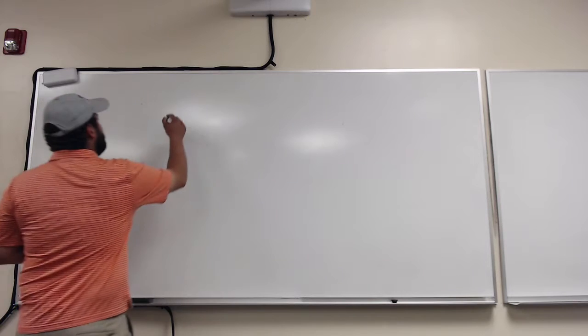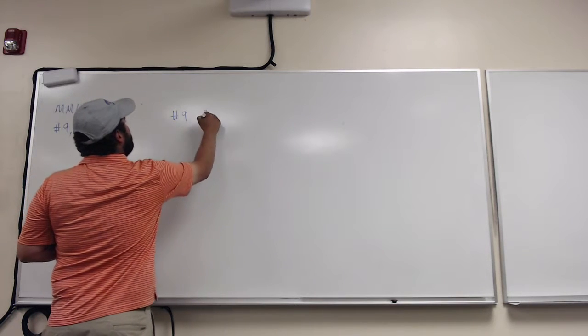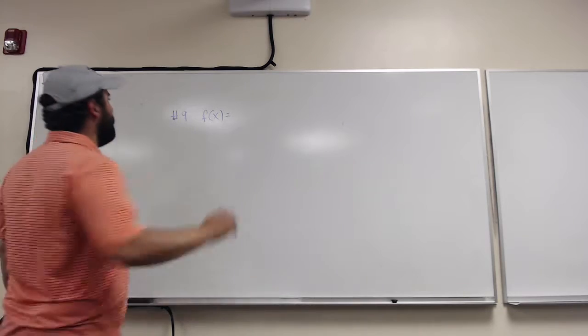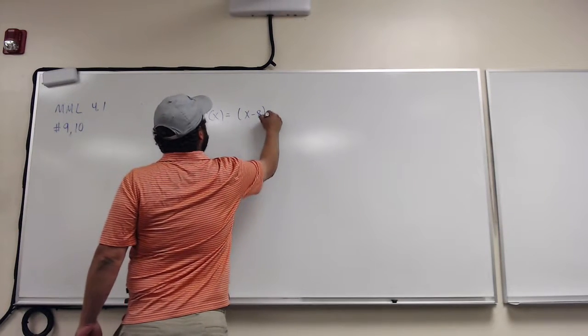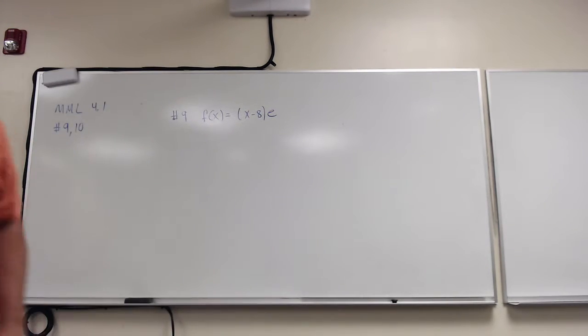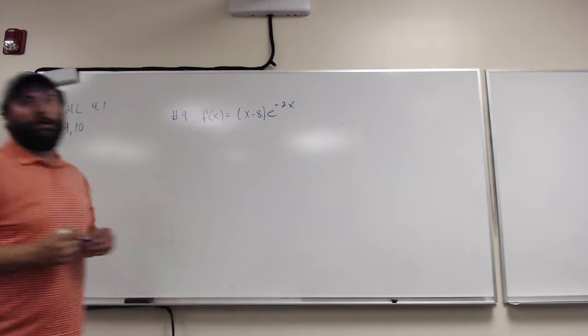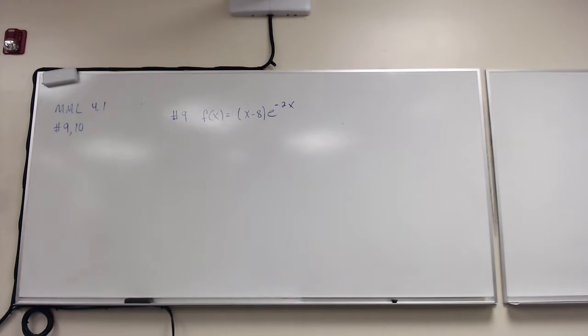My function on number 9 was f of x equals (x minus 8) times e to the minus 2x. Then we want intervals of increase, decrease, and local maximums and minimums.